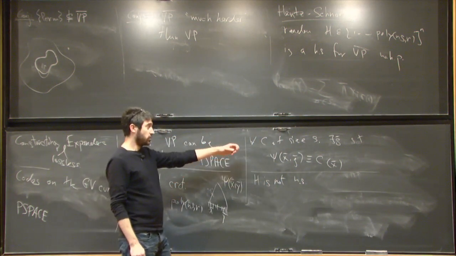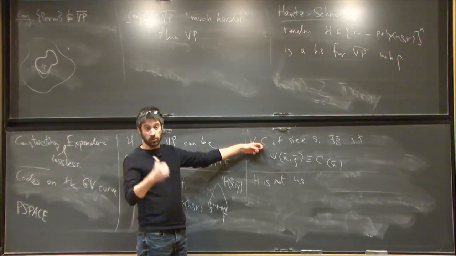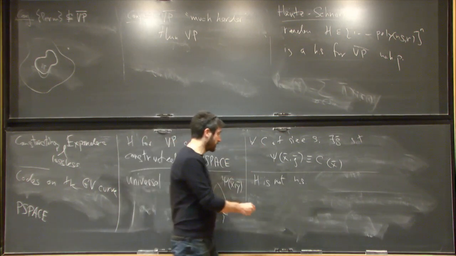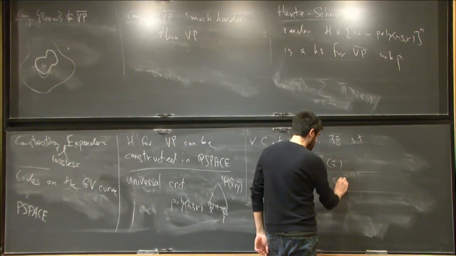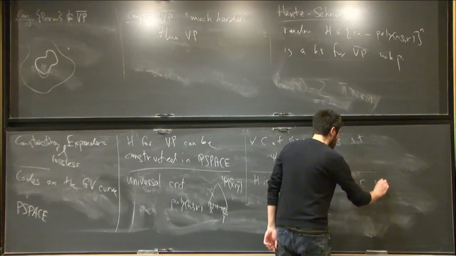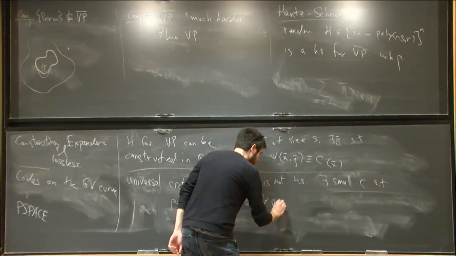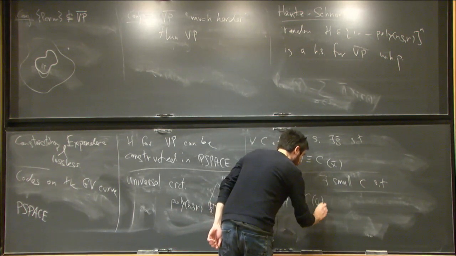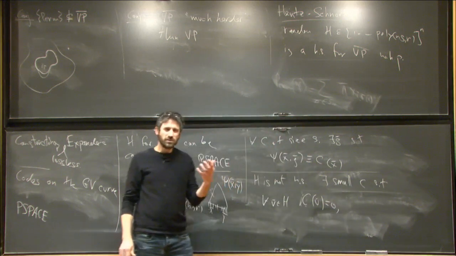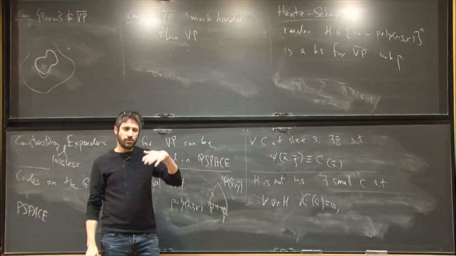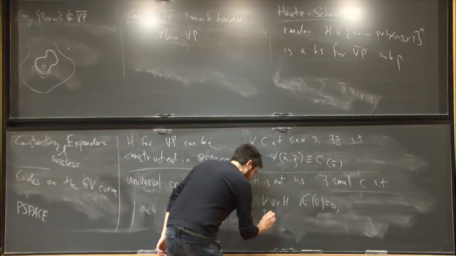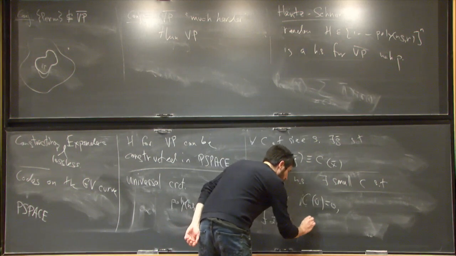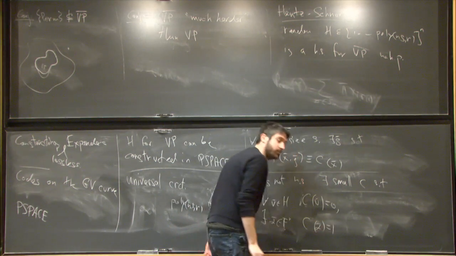It means that there is some small circuit that is not zero, but vanishes on all the points in H. So it means that there exists a small C such that, first of all, for every v in H, C of v is zero. But since we speak about homogeneous polynomials, we can also say there exists some input on which C equals 1.